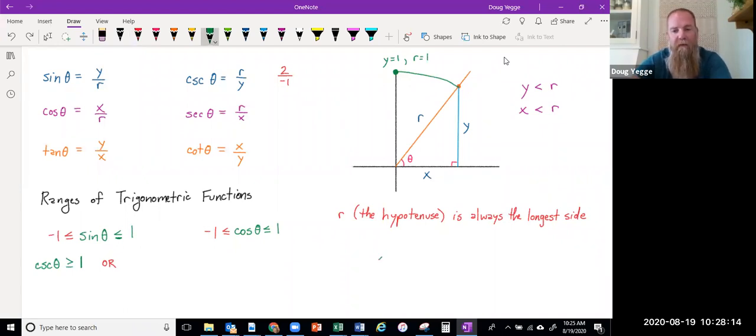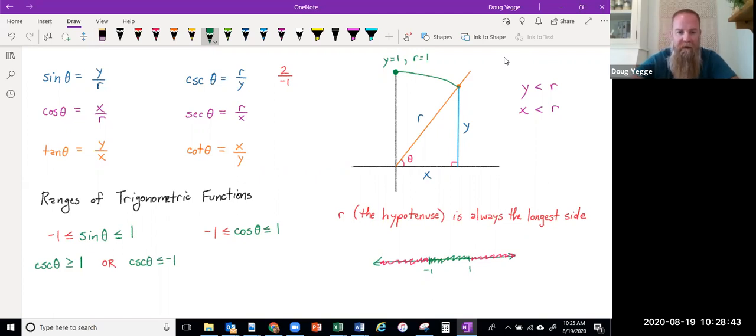If you think of a number line, if sine theta is somewhere between -1 and 1, then cosecant of theta is the reciprocal. So it's everything less than -1 or greater than 1, which is why the second option is that cosecant of theta could be less than or equal to -1.